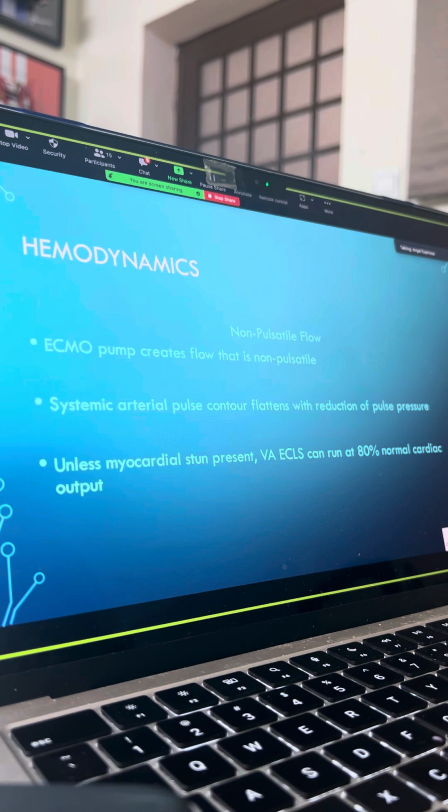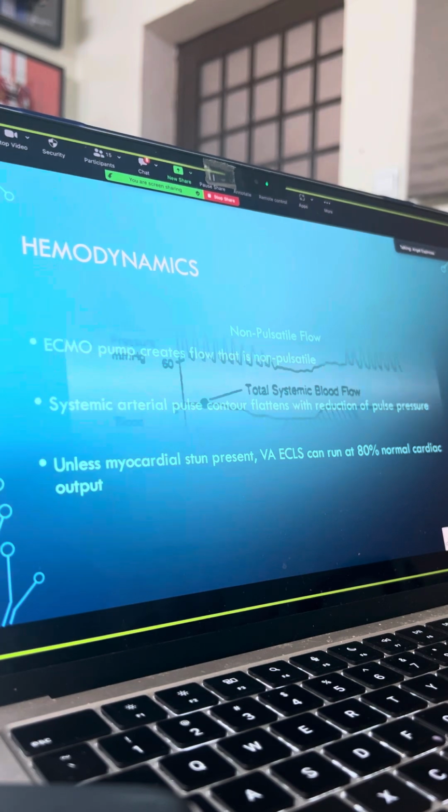There will always be a part of the cardiac output that is going through the lungs and the right circuit without being pumped by the ECMO. That's 20% we are missing. So we are relying on what the machine can deliver to complement the remaining small amount of autochthonous cardiac output from the patient.